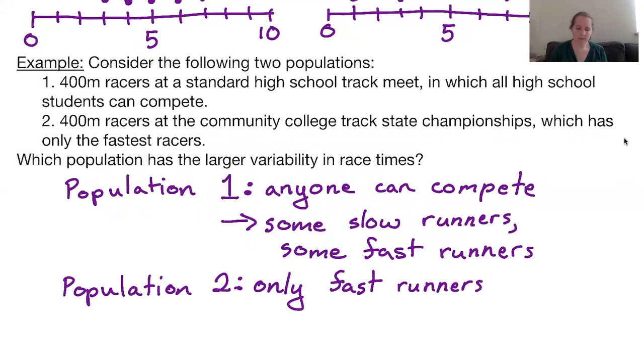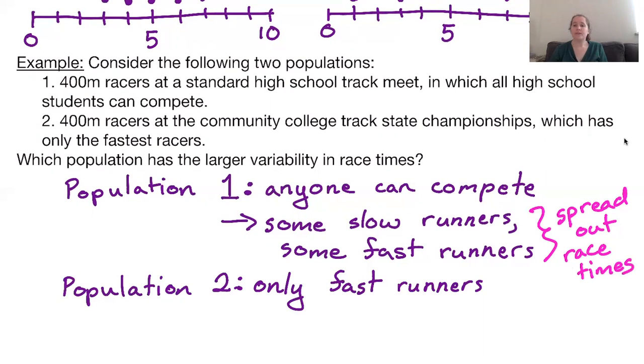So if we have some slow runners and some fast runners, these will have spread out times, right? Whereas if we only have the very fastest runners, then these will all have similar times.